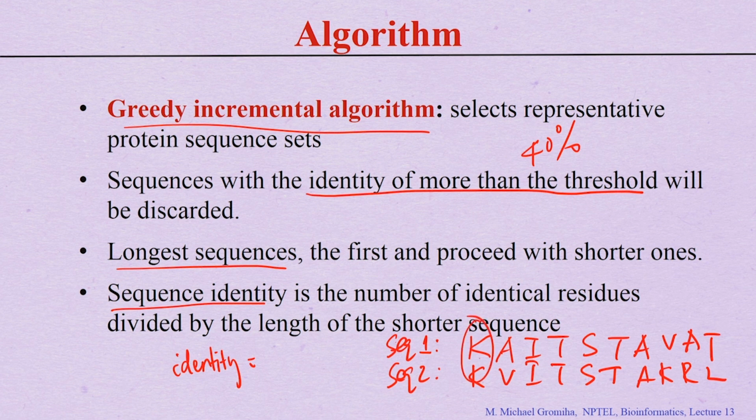This is the same: 2, 3, 4, 5, 6, 6 by 10, this is equal to 60%.